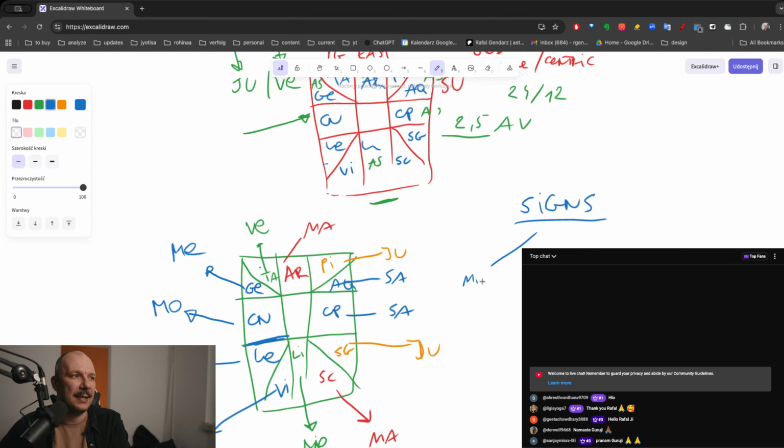First is mobility. Second is the lordship. And third is the tattva, or the nature of a sign. So if you learn those three, then you will know everything about each sign.